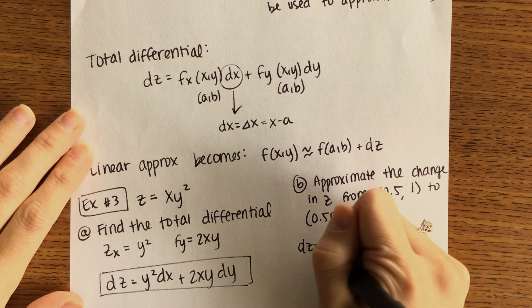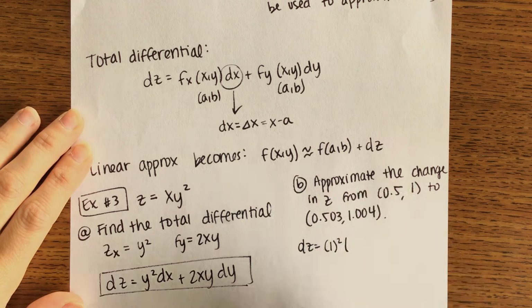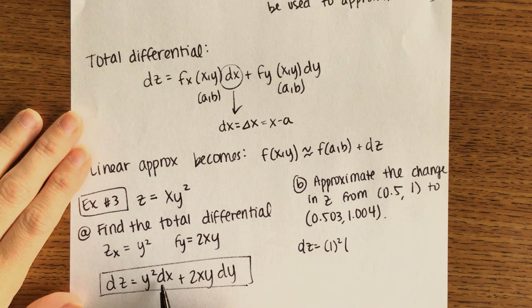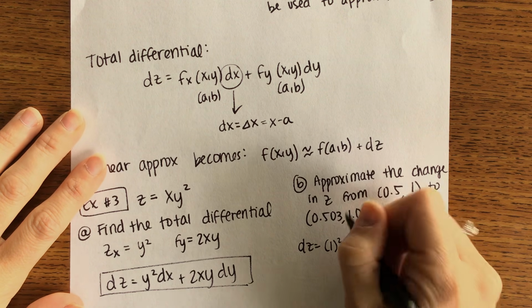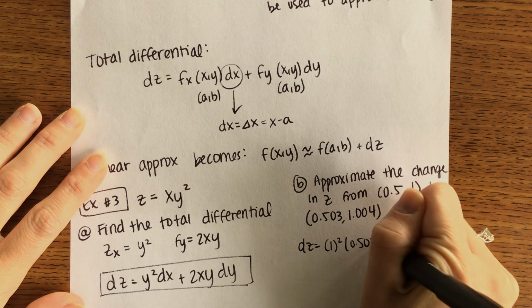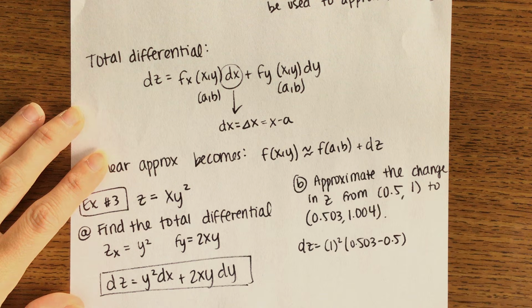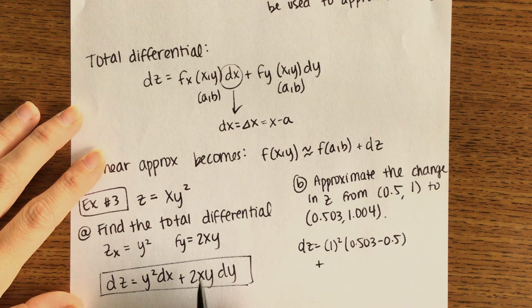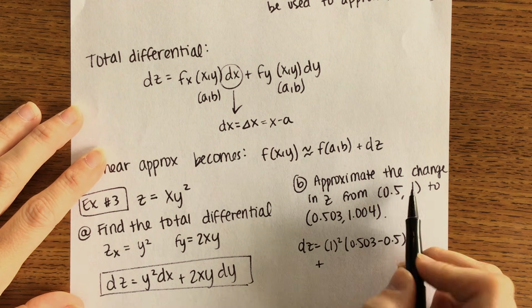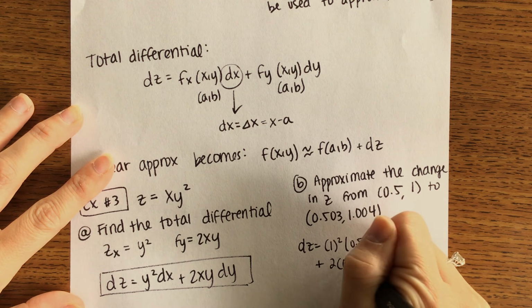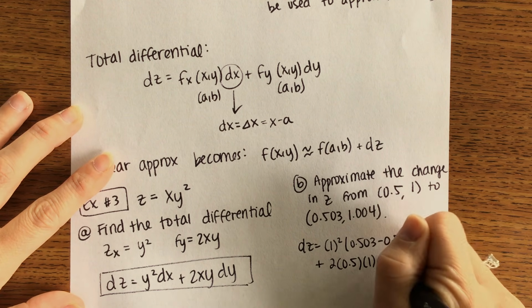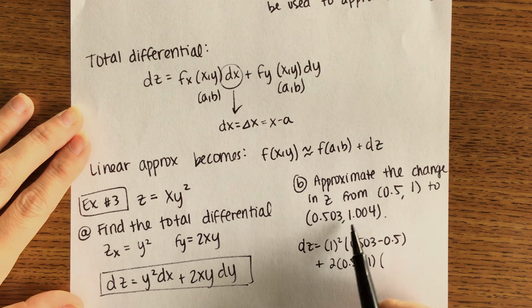So y squared will be 1 squared. dx is the change in x. Change in x in this case is 0.503 minus 0.5. And then we have 2xy. Again, that's the point we're starting at. dy is the change in y.